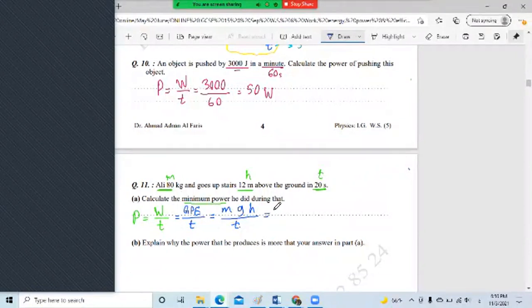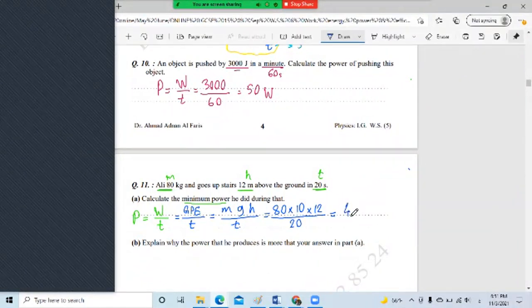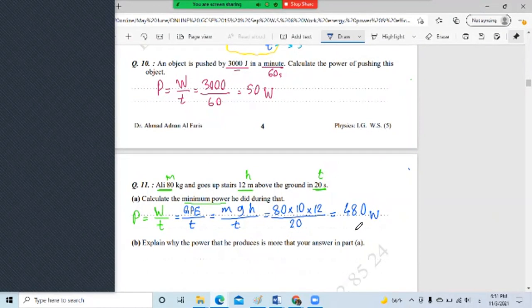The mass is 80 multiplied by g, which is 10, multiplied by the height, which is 12. And that happened in how long? 20 seconds. So the minimum power that he developed as he goes upwards is 480 watt. Okay, good.